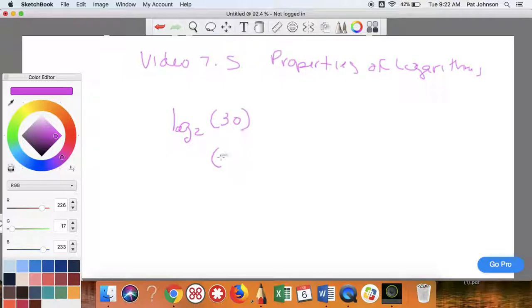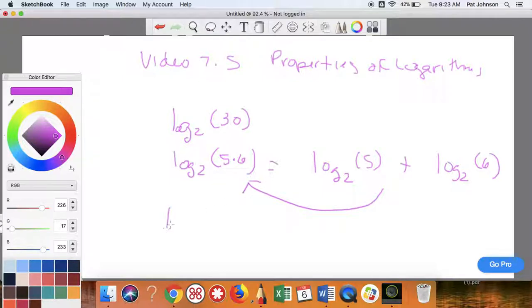But what they did is they broke down the argument as 6 times 5. So it has to be the product of the argument. And then the property says you can break it up into 2 logs with the same base, the sum of the 2 logs of the 2 arguments. And likewise, you can go backwards.